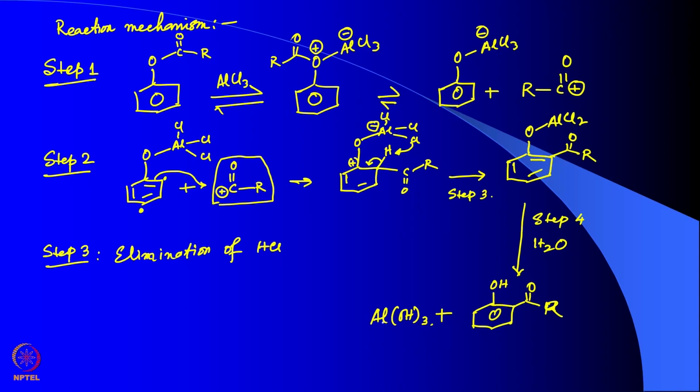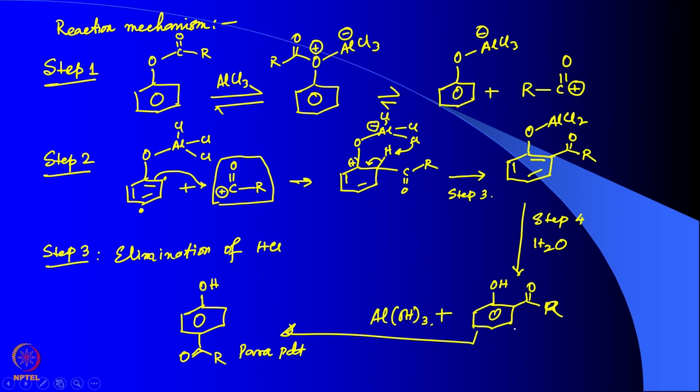So, it is possible to have a second product along with this as the para substituted compound. This reaction does not go through a concerted step, so that only one compound could form. There is a possibility of formation of two different compounds in this reaction.